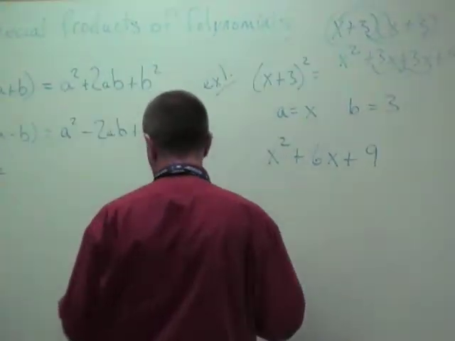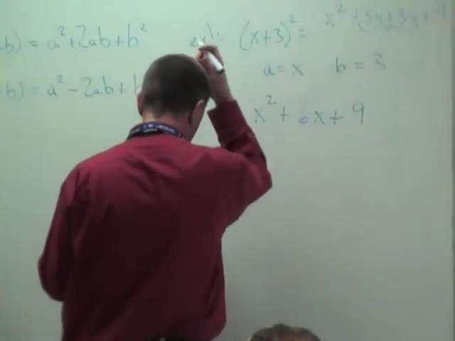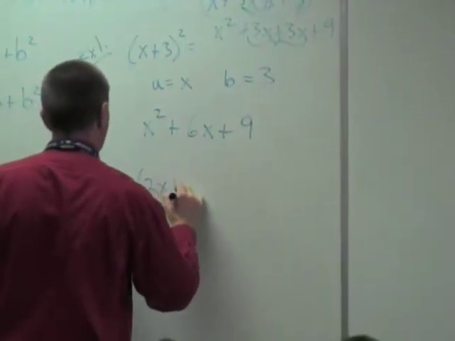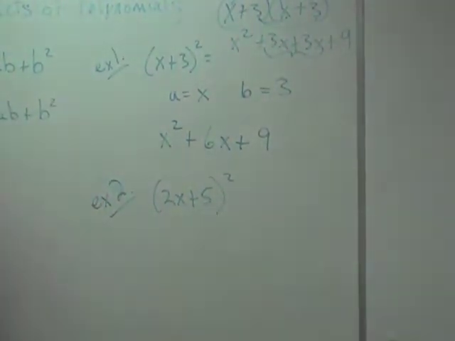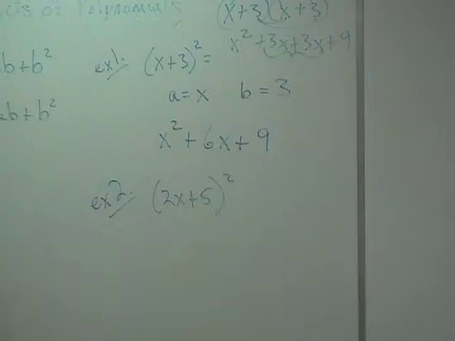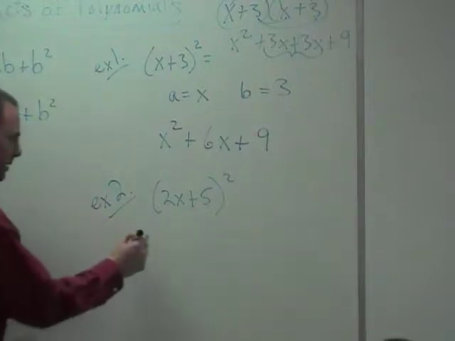Alright, so let's do number 2. We got a lot of examples, guys, so hopefully you'll catch on as we do this. So the quantity of 2x plus 5 squared. Now do the exact same thing, except now you have a little different form. Remember, it's the position. What's in the position? What's A? 2x.